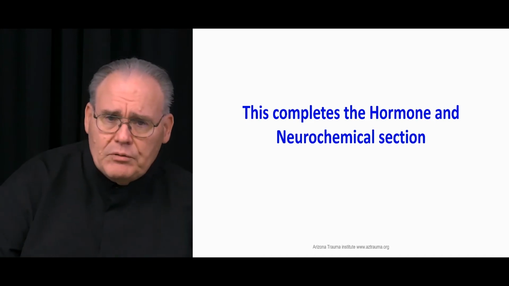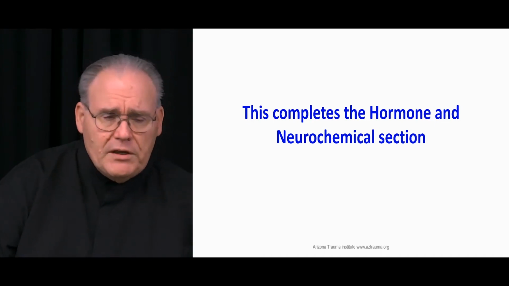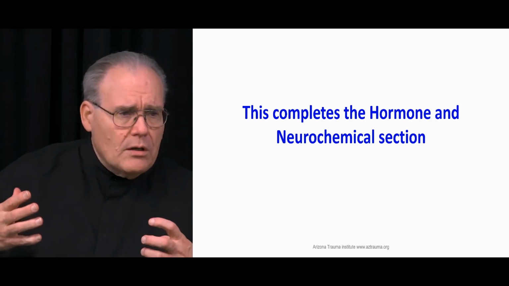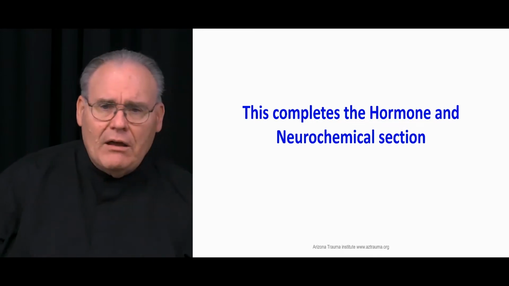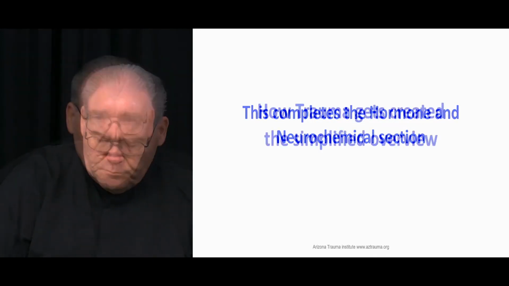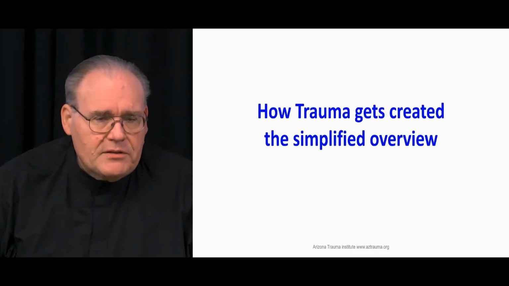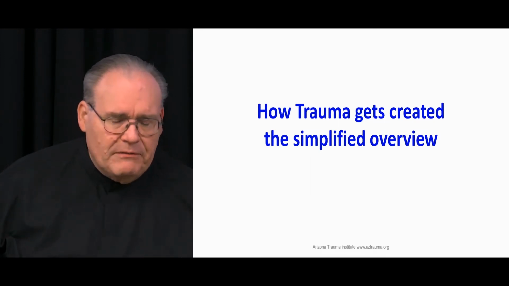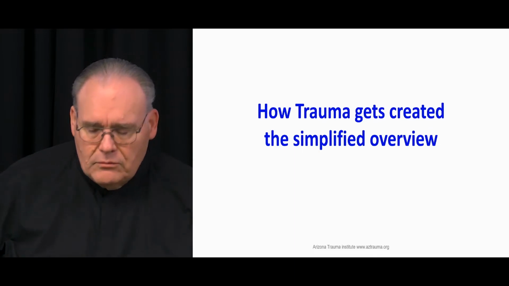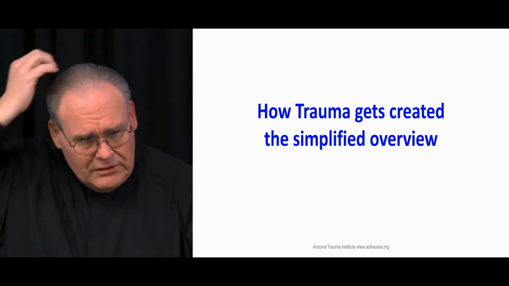So this completes the section on hormones and neurochemicals. What we're going to go into next is more of a dive into the mechanics of how all of this works. In this section, we're going to talk about how trauma gets created. It's just a very simplified overview because I'm not doing a real deep dive into it.